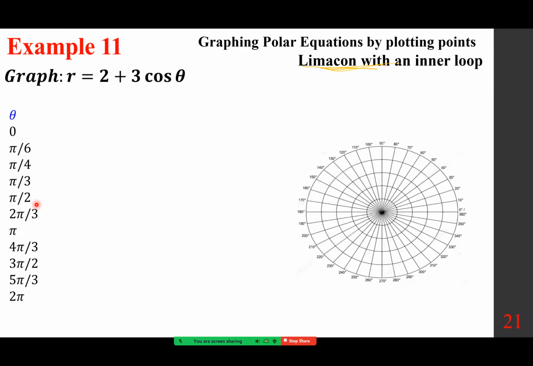2 pi over 3 is the same as pi over 3, but negative. So negative 1/2 times 3, negative 3/2, with 2 gives me 1/2.